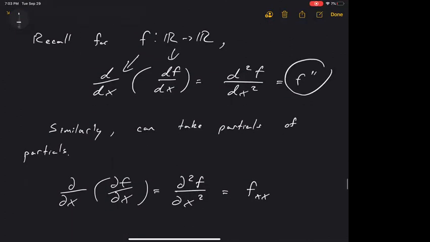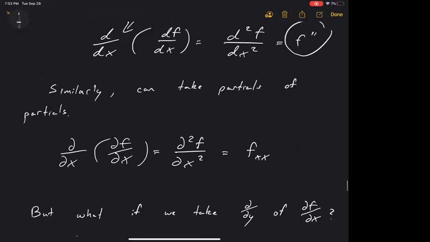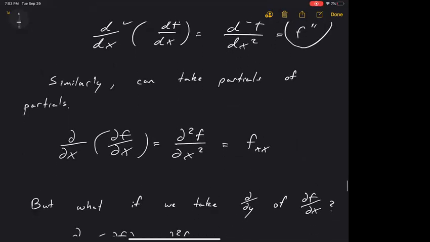And we can do the same thing with partial derivatives. Let's say I want to find the second partial derivative of f with respect to x, which we would write in notation like this: partial squared f over partial x squared. How would I find that?